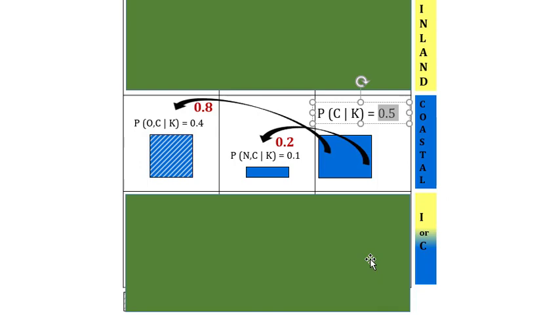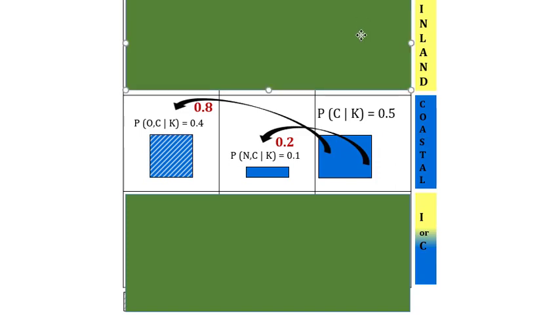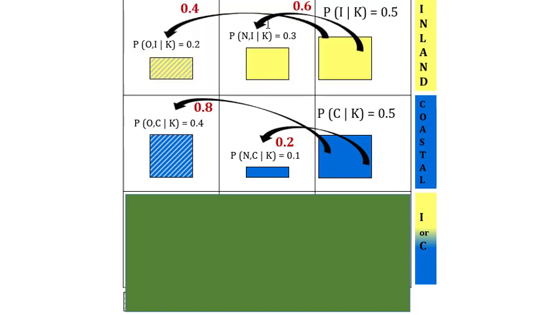Okay, so basically, using that procedure, now we've got the 4 joint probabilities, and the 4 joint probabilities should add to 1. So 0.2 plus 0.3 is 0.5, plus 0.4 is 0.9, plus 0.1 equals 1.